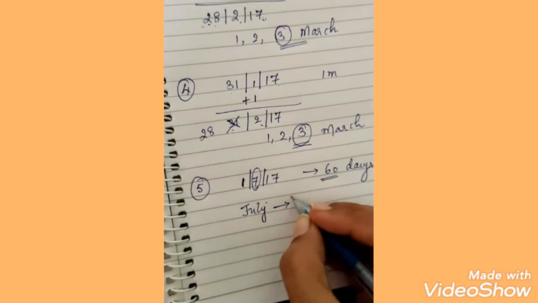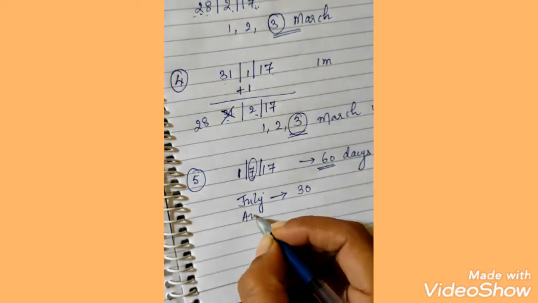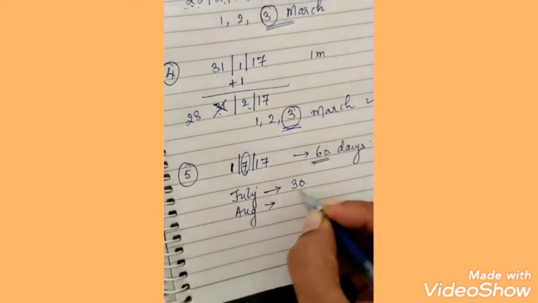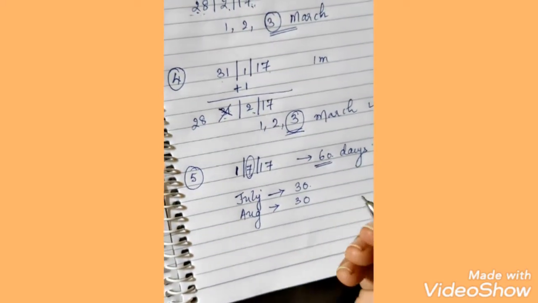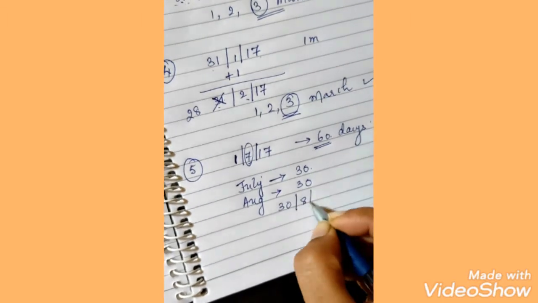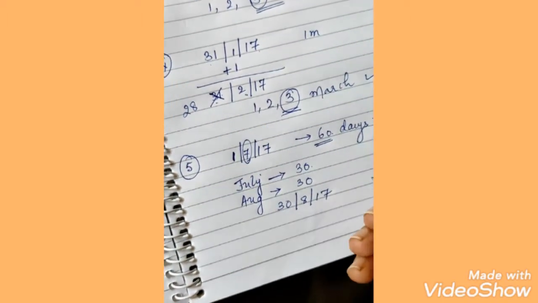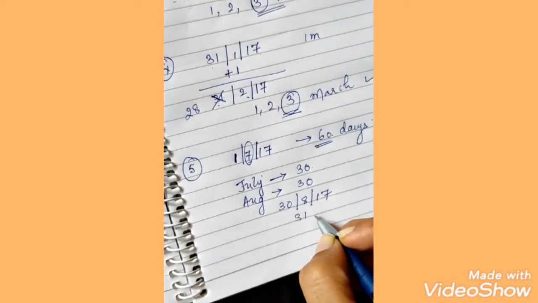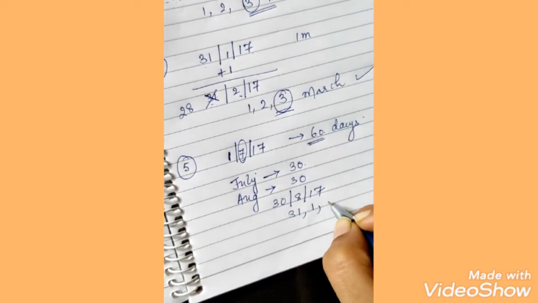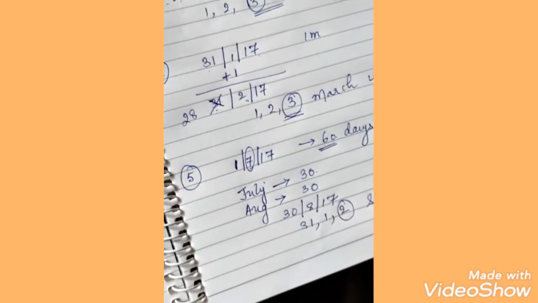So how many days of July will you count here? Only 30. And then August. Now out of 60, already 30 days we have counted. The leftover part is 30 days, right? So on 30th August 2017, you have to count 3 more days of grace. So 31st August, then 1st September and 2nd September. So I'll reach 2nd September.